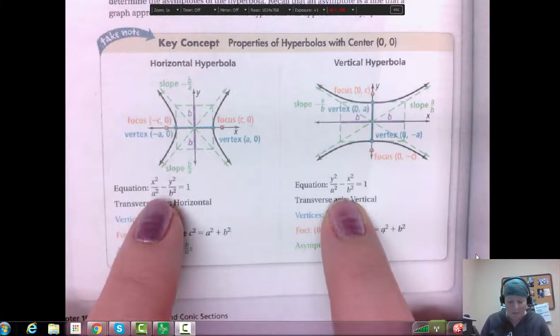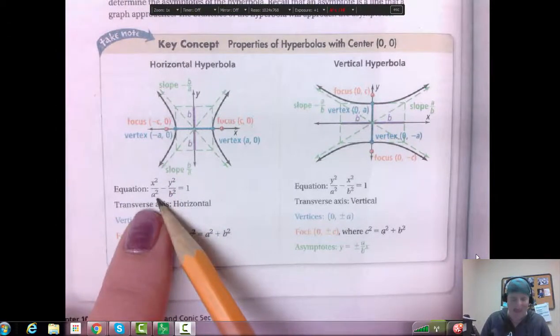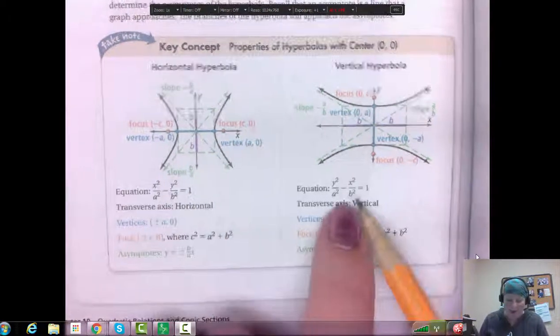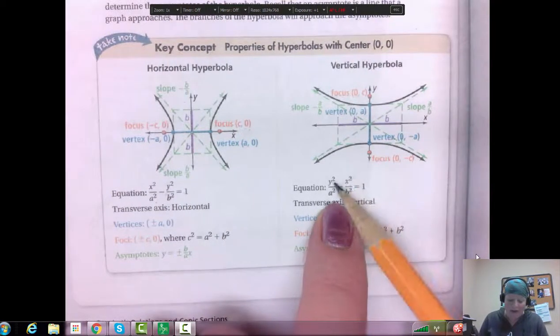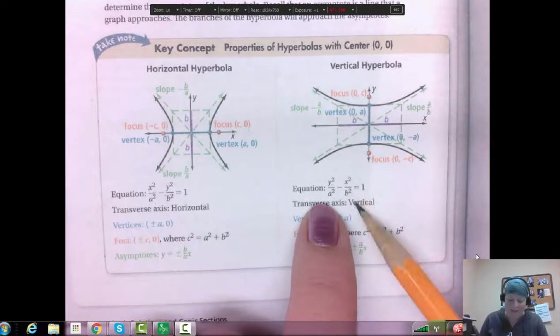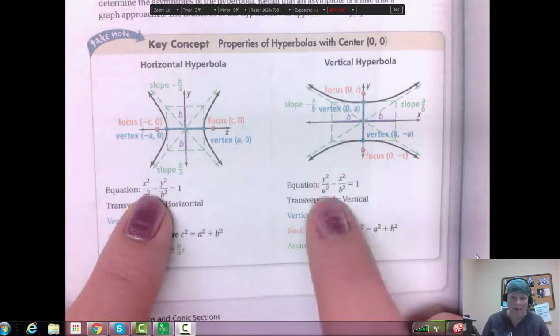When they're horizontal, it's going to have the larger number under the x squared minus the smaller number under the y squared. On the vertical, you're going to have the y squared first with the larger number under it minus the x squared. So if we start with x squared minus, then we have horizontal. If we start with y squared minus, then we have vertical.